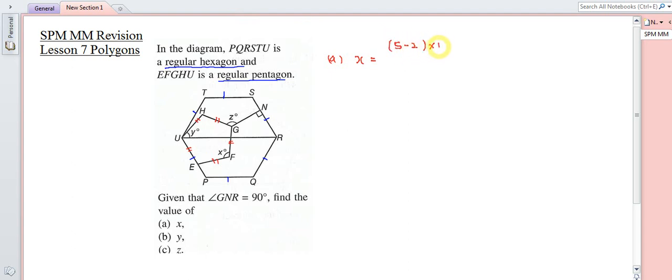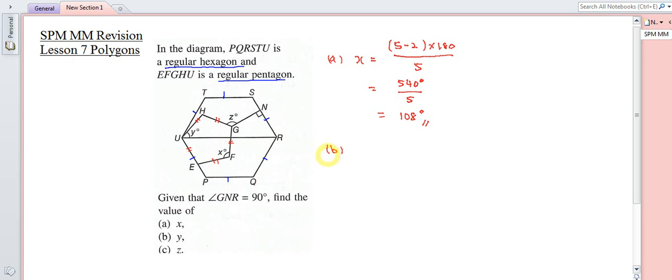I find the sum of the interior angles first, then divide by the number of sides. Press your calculator, you will get 108. So now we know that x is equal to 108.